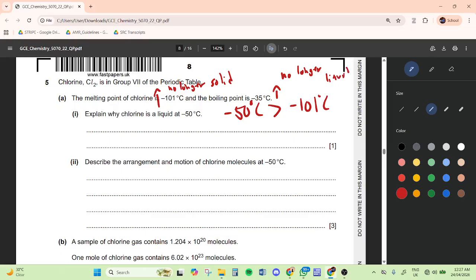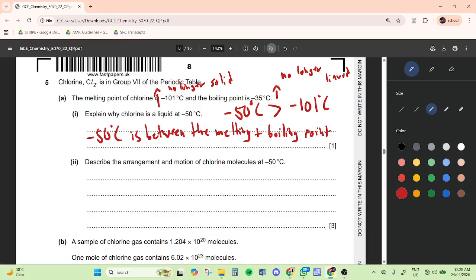So because minus 50 degrees Celsius is between minus 101 and minus 35, it is a liquid. So that's exactly what you're going to write, that minus 50 degrees Celsius is between the melting point and boiling point.